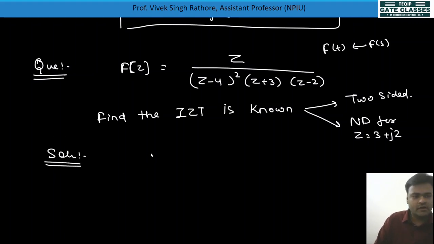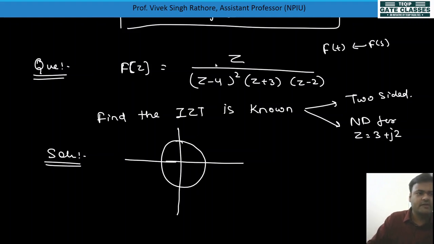Now we will try to solve our question. Let's see what the approach will be. First of all, we will see its z plane, and we will try to plot the poles. Z is equal to 4 from (z minus 4) square, so the pole will be at 4.